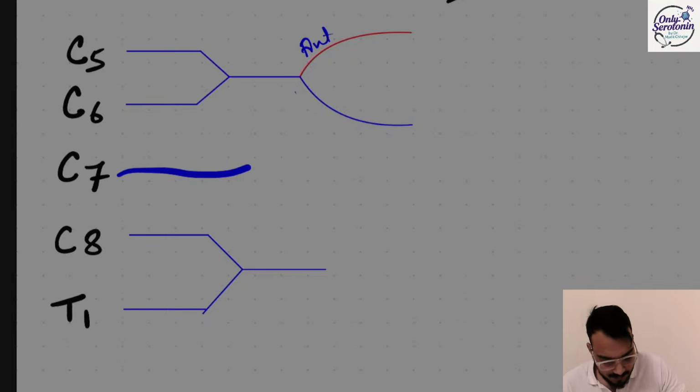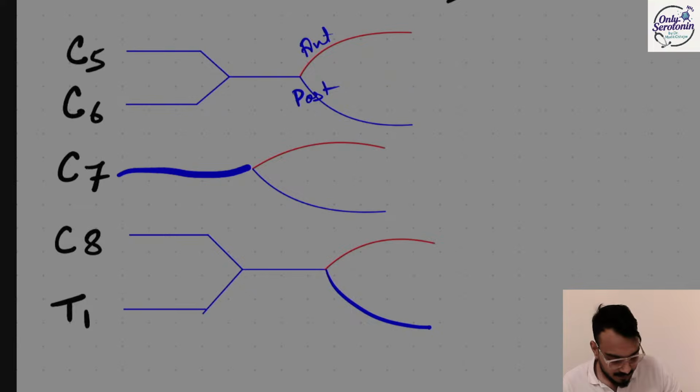Anterior one and the posterior one. Same, C7 will also have two babies. One will be the anterior one and another one will be the posterior one. Same for the lower class society. I hope you all are drawing with me, guys.